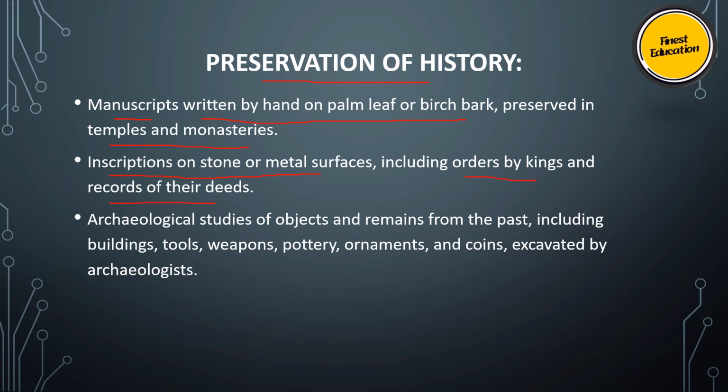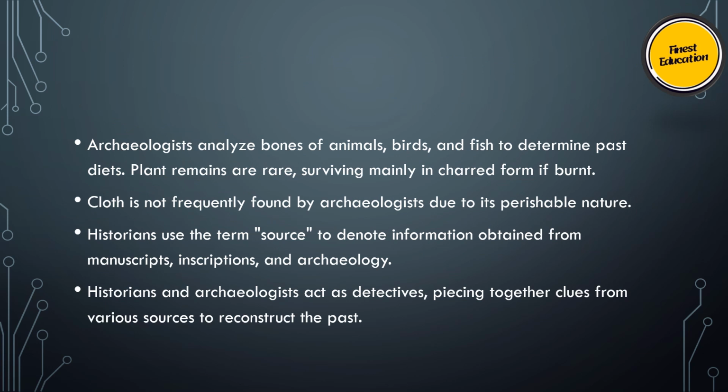Archaeological studies were basically about the past things which were left behind by the people. They include buildings, tools, weapons, pottery, ornaments, coins, and these were excavated by archaeologists who used to study past things. Archaeologists also used to analyze the bones of animals, birds, and fish to understand the past diet.